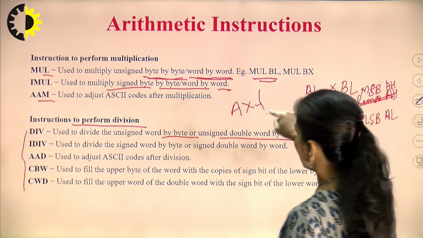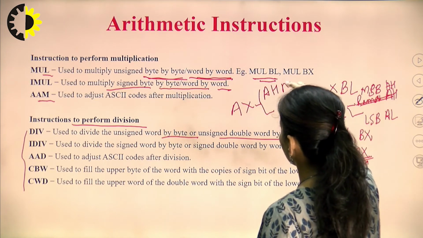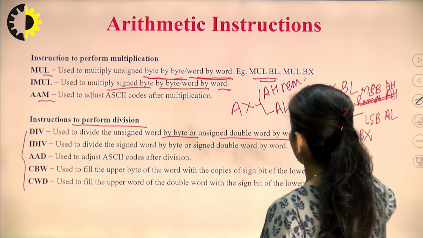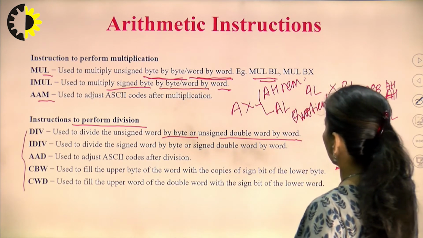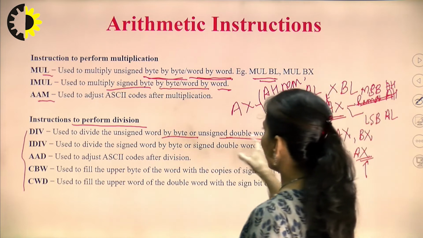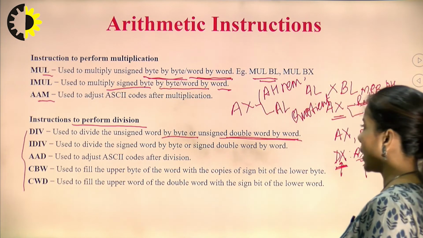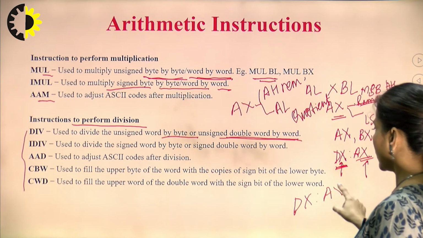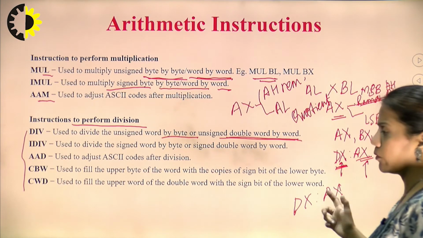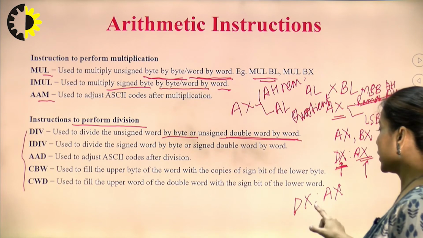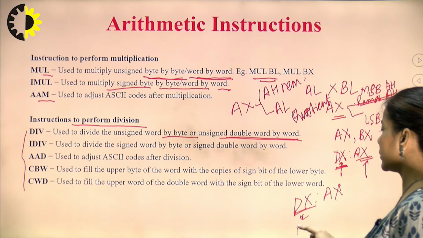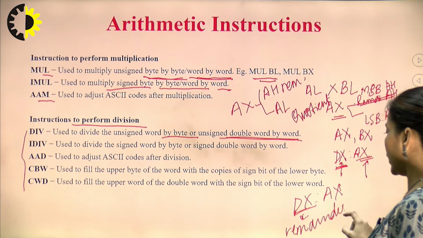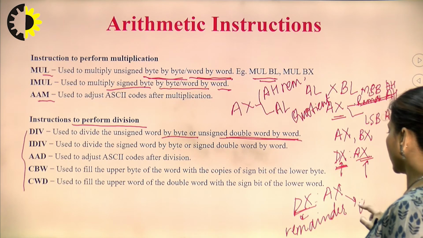In that case AH will hold the remainder and AL will hold the quotient. But in case of double word by word, DX and AX in the concatenated form will be holding the result. In that case DX will be holding the remainder and AX will be holding the quotient.